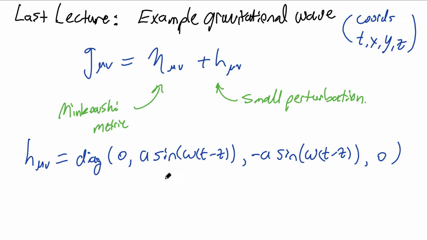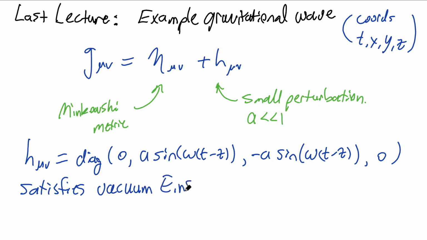Now this perturbation is small, so this dimensionless amplitude a must be small, much less than 1. Now you can check that this metric satisfies the vacuum Einstein equations to linear order in the small parameter a.